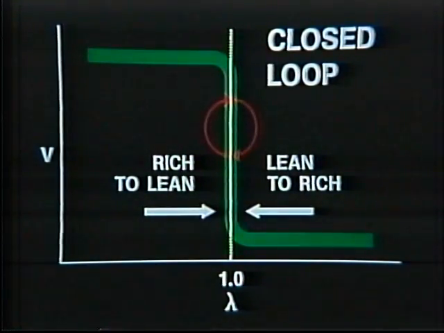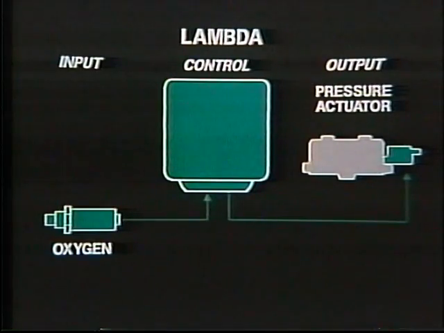The sensor puts out low voltage when the mixture is lean and should be changed toward rich. During normal operation, voltage signals fluctuate, averaging small changes in the mixture to stay close to lambda 1. As sensor voltage changes back and forth, lambda signals from the oxygen sensor are input to the control unit. The output signals the pressure actuator.